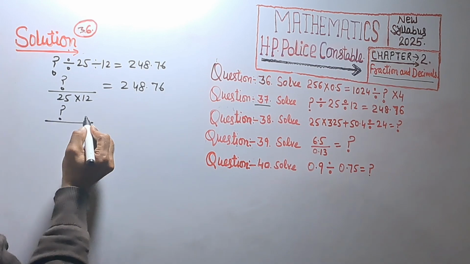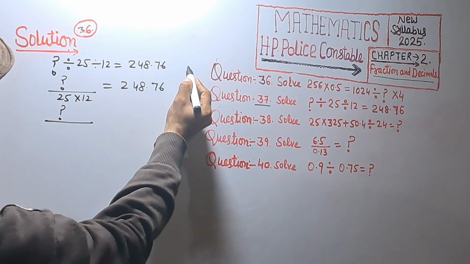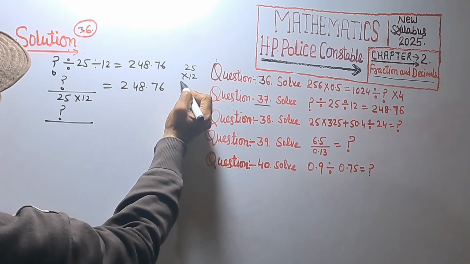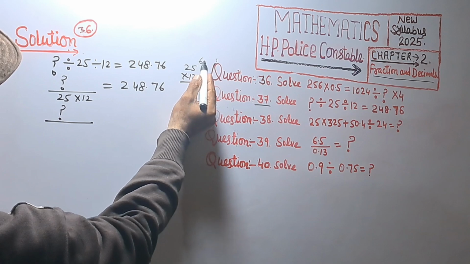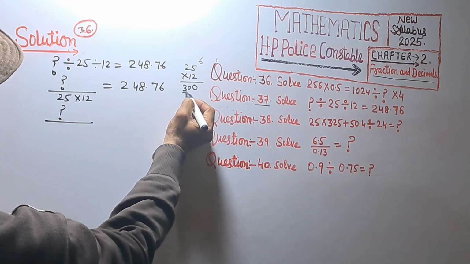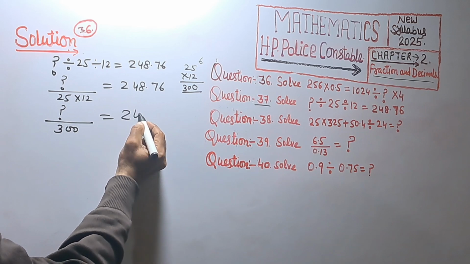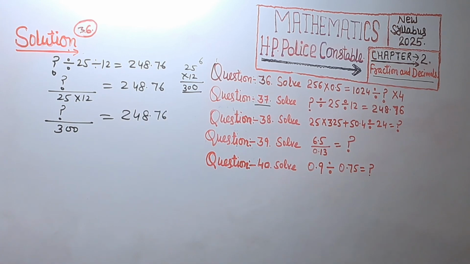Sign of interrogation upon 25 12s are 25 into 12. 25 multiplied by 12 equal to 12 5s are 60, 6 carry, 12 2s are 24 plus 6 equal to 30. That is 300 is equal to 248.76.